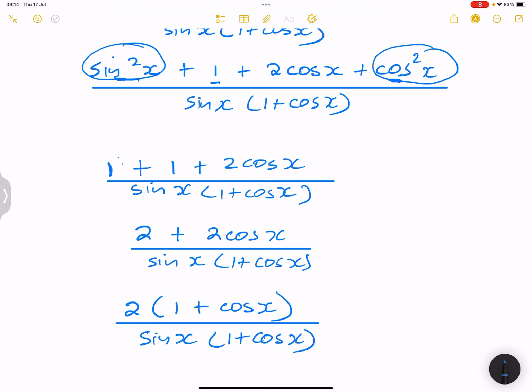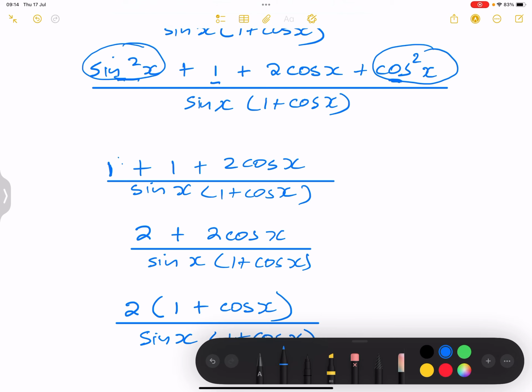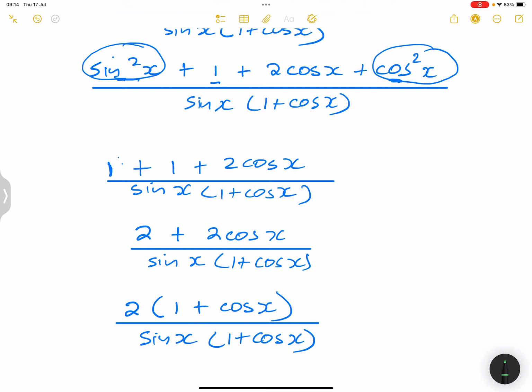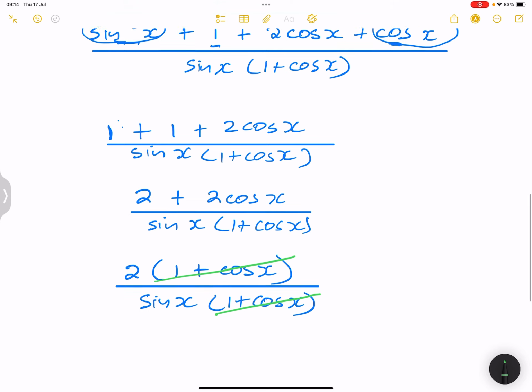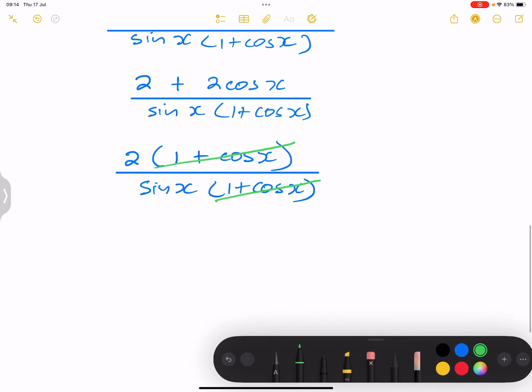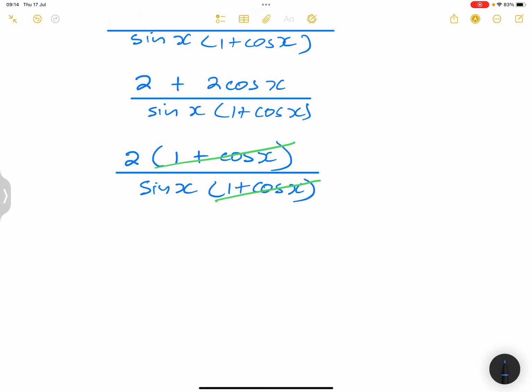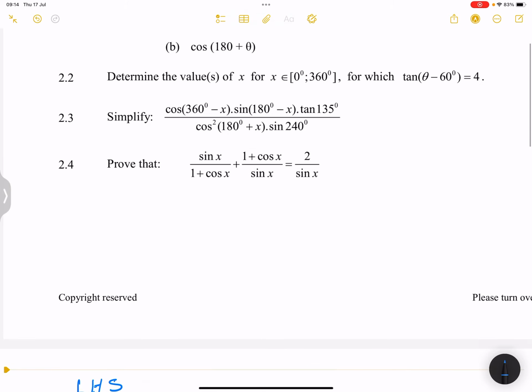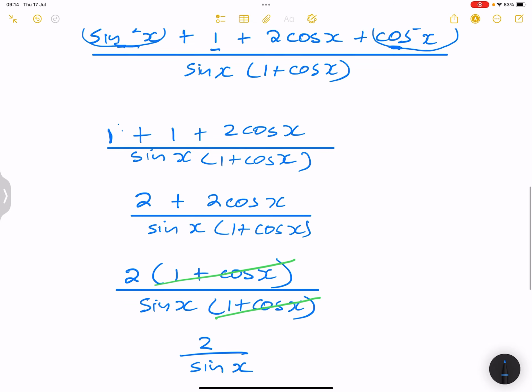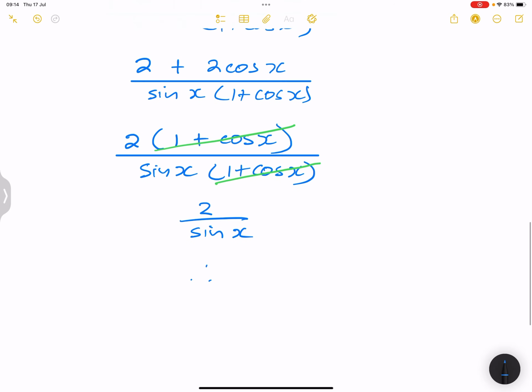We've got two products that have got the same factor. So 1 plus cos x can cancel out 1 plus cos x. And what are we left with, ladies and gents? We definitely have 2 divided by sine of x. And guess what? That's exactly what we had on the right-hand side there. So we can say, therefore, left-hand side is equal to right-hand side.